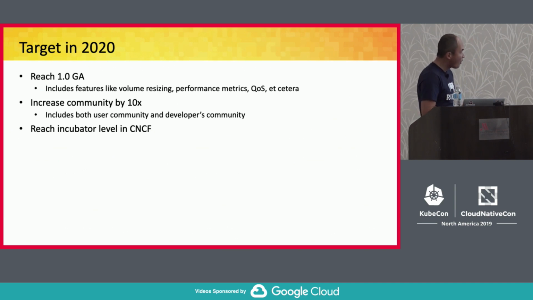We also want to grow the community by 10 times. Given that our base is still pretty small, I think it's probably doable. And we want to reach the incubator level in the CNCF, and that requires engagement in the community. So we are really working on that.